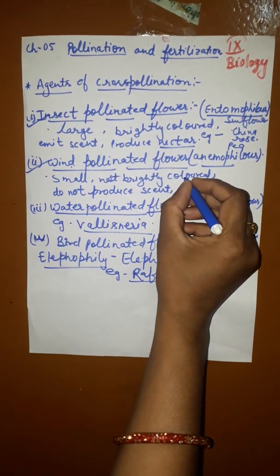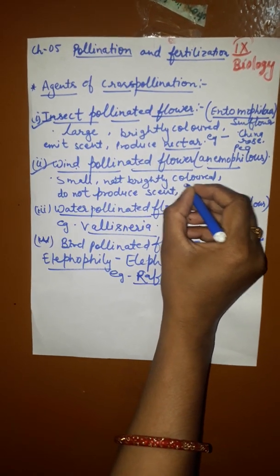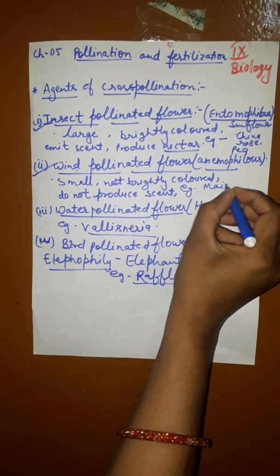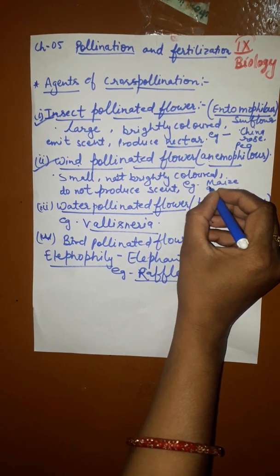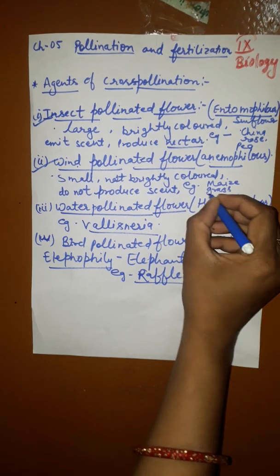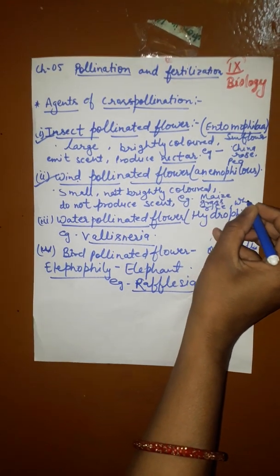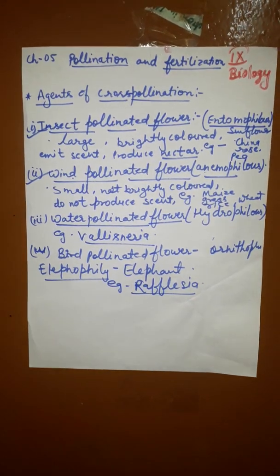Wind pollinated flowers are maize, grass, rice and wheat.